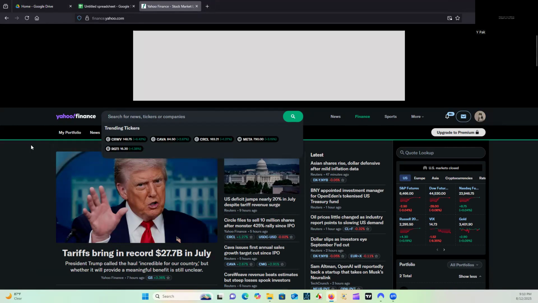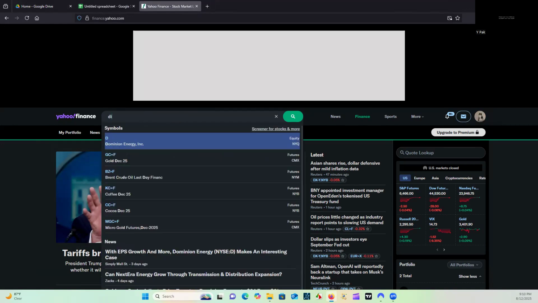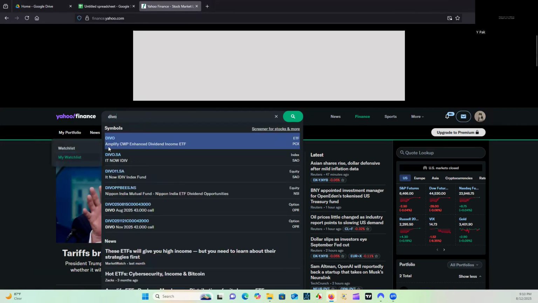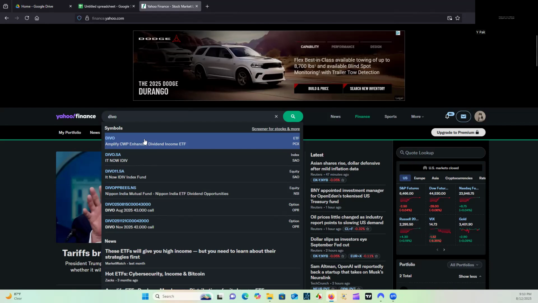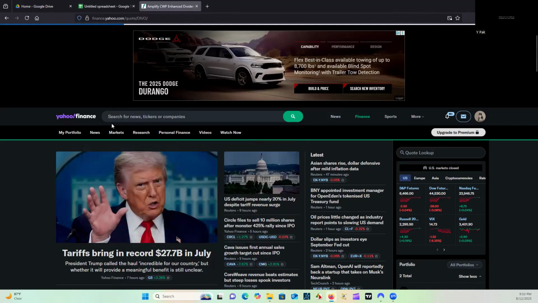And one of the big dividend stocks that I want you to know about is DIVO. This is the Amplified CWP Enhanced Dividend Income ETF. ETF stands for Exchange Traded Fund. I'll go over that in a later lesson.